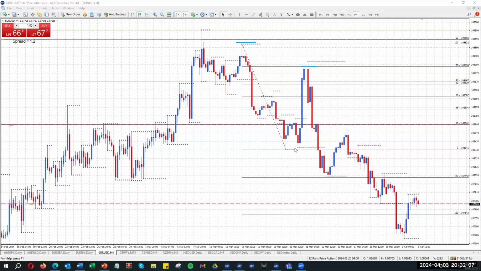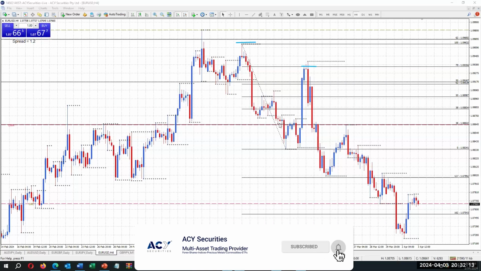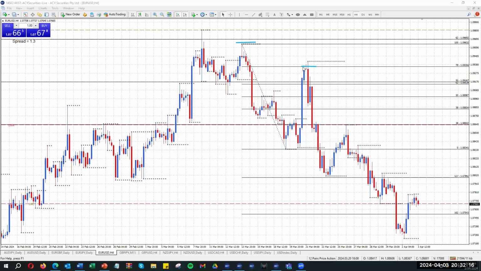But yes, it can if things get really severe for a few more days. But usually it'll go down, rally, down, bounce, down. And often these rallies coming up are to fill any imbalances that have been formed.